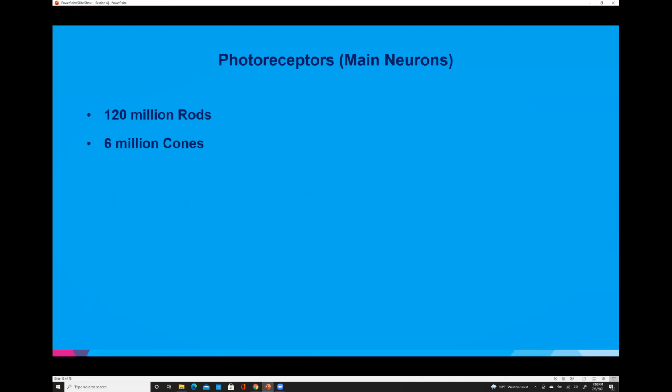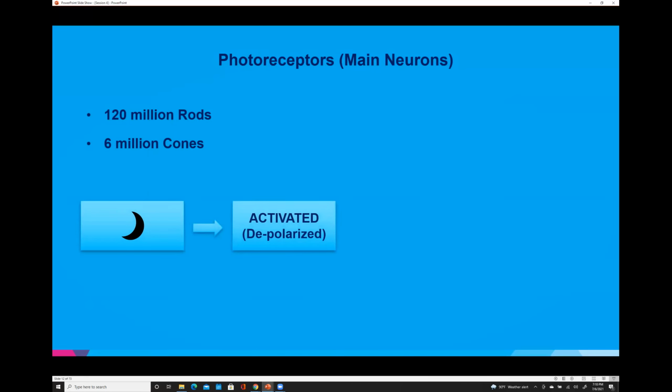The key counterintuitive aspect of a photoreceptor is this: in darkness, when it is dark, the photoreceptor is activated. And activated also means, remember how neurons work, when they're activated, depolarized.